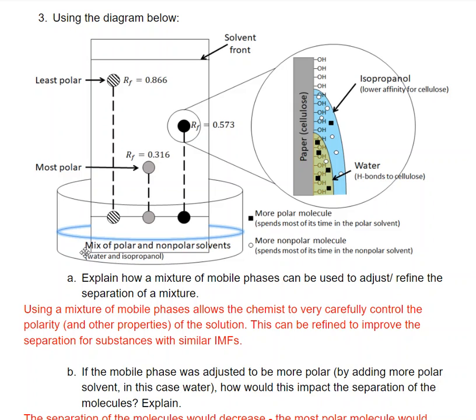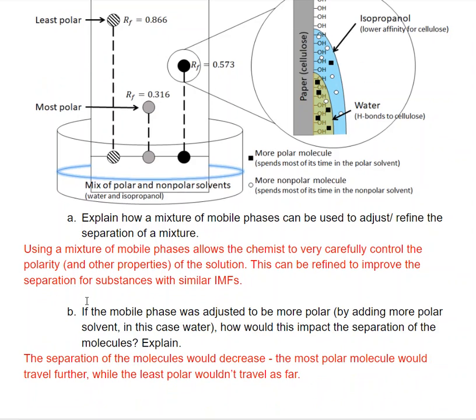So my solvent front is kind of like this 2D solvent front here, where some of the isopropanol is just a little bit ahead of where the water is because it can move a little bit more quickly than the water can through the stationary phase. So using a mixture of the mobile phases allows the chemist to kind of very finely control the polarity and other properties of a solution.